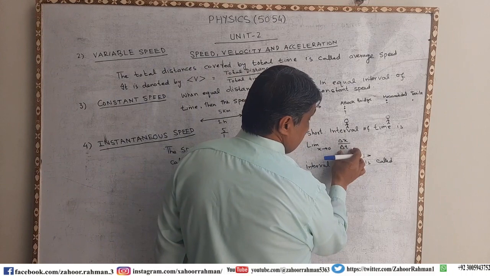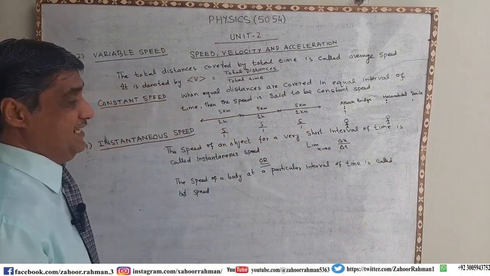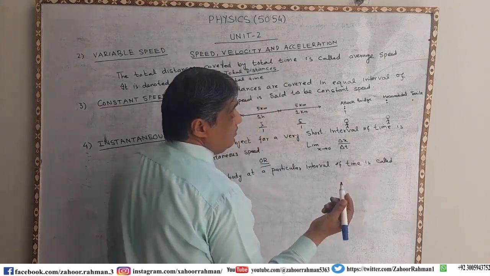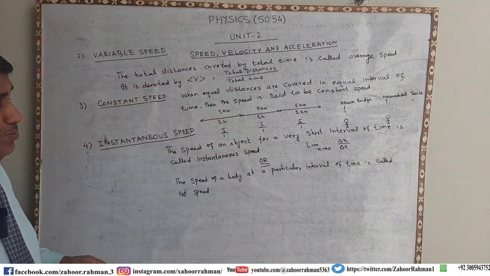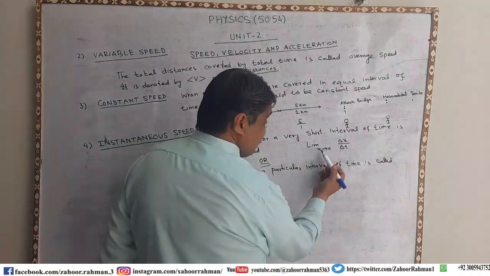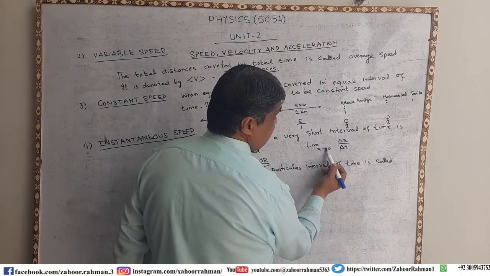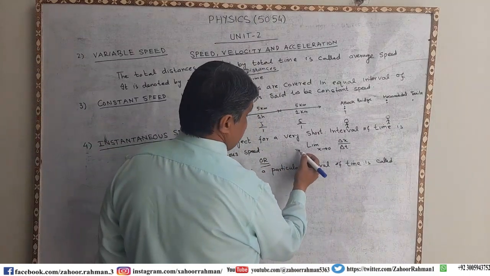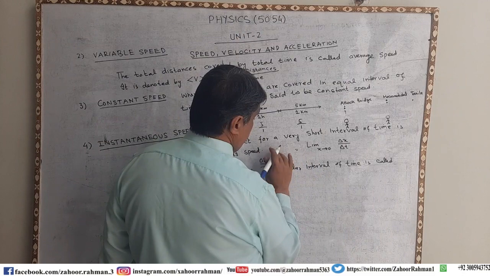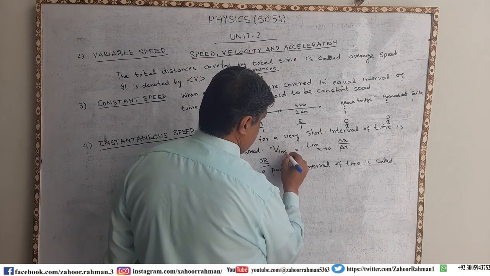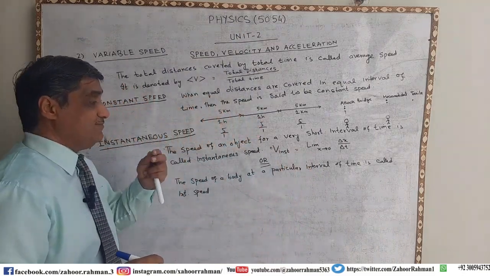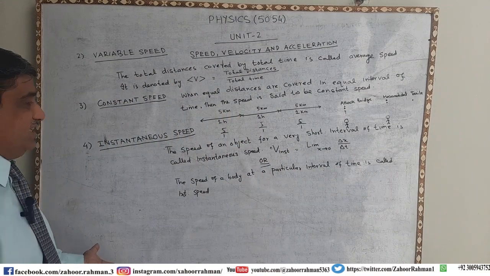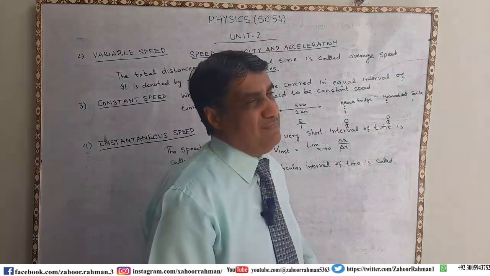Time is very less and distance is very less. It doesn't mean 0, because 0 divided by anything is equal to infinity. But it turns to 0, not 0. So we are taking the instantaneous, that is V instantaneous. That is called the instantaneous speed. So that was another concept.